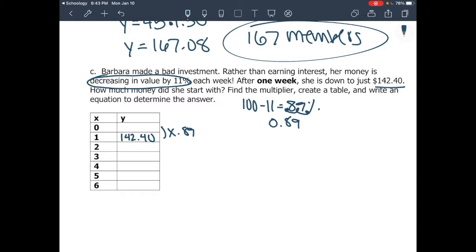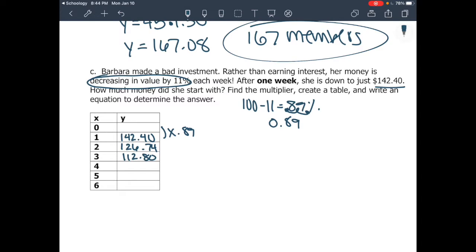So I've got 126.74. And then I'm going to type that number in to help me get to my next one. So again, I'm going to multiply 126.74 times 0.89. And my numbers should be going down. If they're not, we have a problem and our multiplier is incorrect. 112.7986, the 8 after the 9 makes the 9 become a 10, which makes it 80.